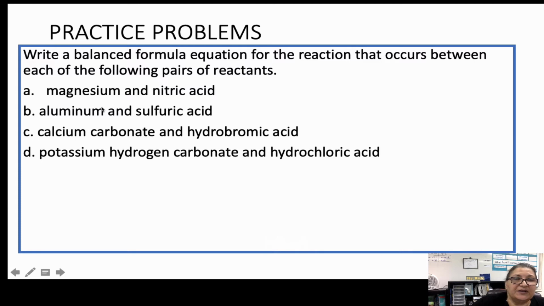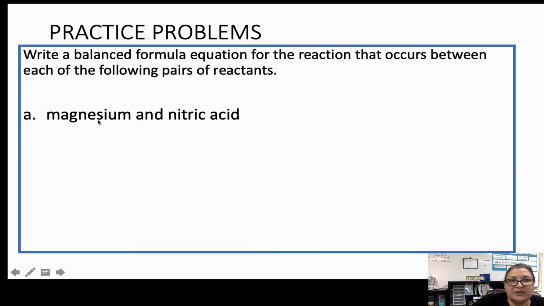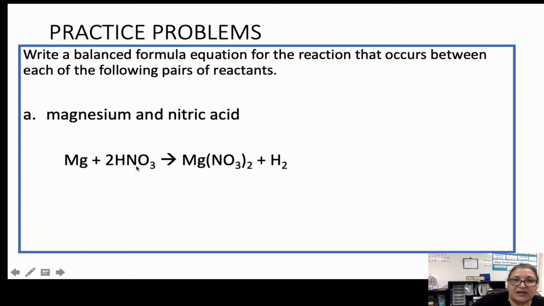And we have a few examples or practice problems. Write balanced formula equations for the reactions below. The first one is magnesium and nitric acid. Magnesium is Mg, nitric acid is hydrogen plus NO3.